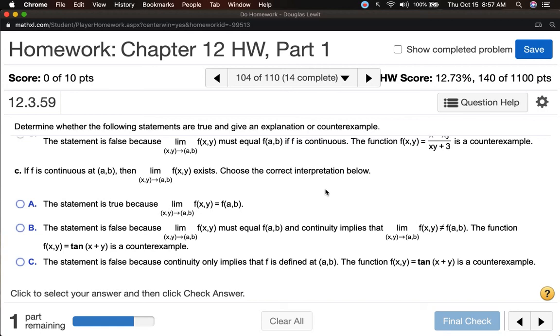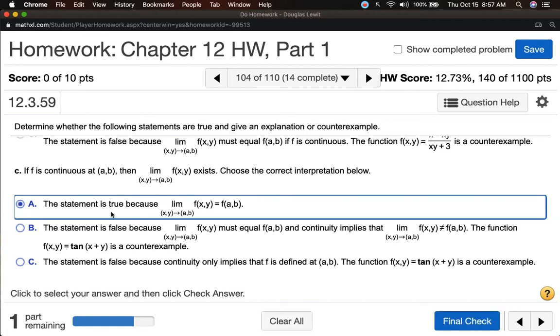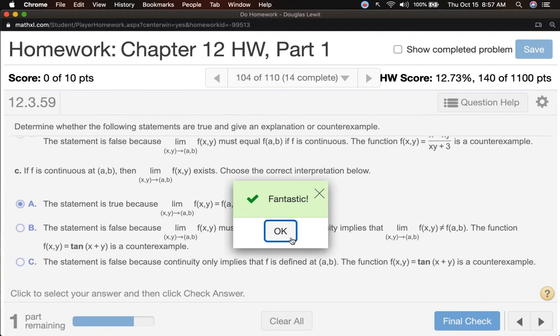Choose the correct interpretation below. The answer must be true because the limit as x and y go to a and b of f of x and y is equal to f of a and b.